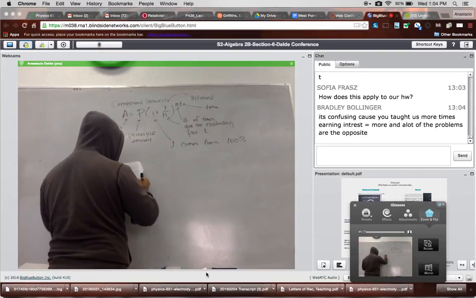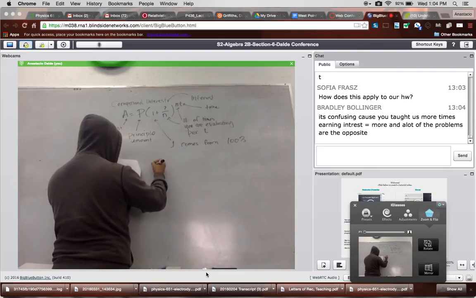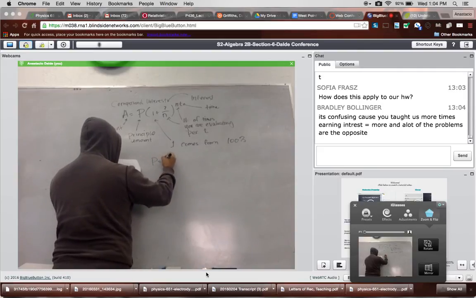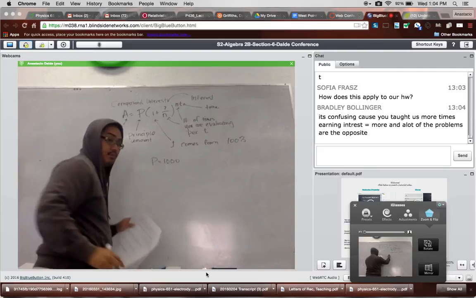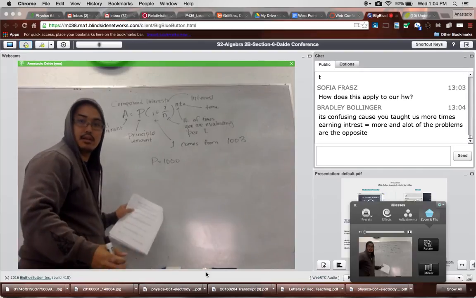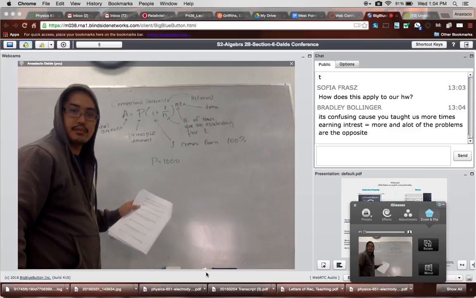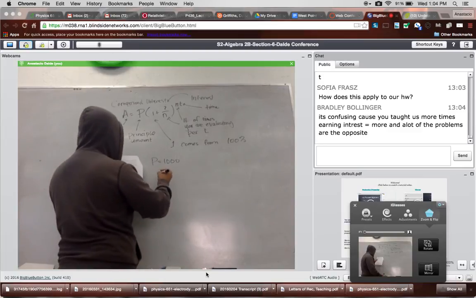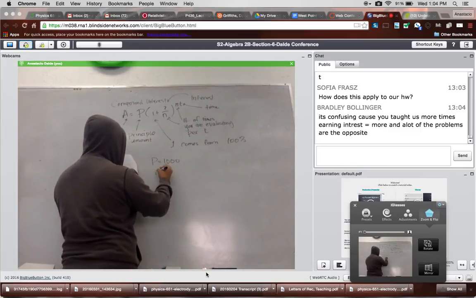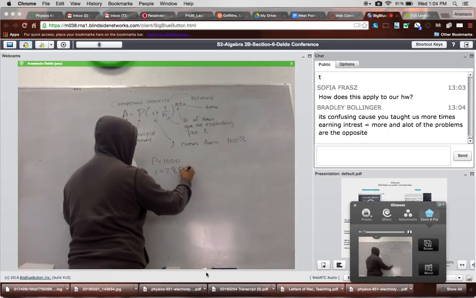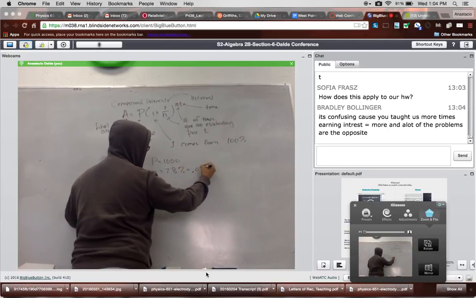Okay, wait, here, we'll do part 2 of this question. How much is $1,000 invested? So your principal is $1,000. Got it? And then your annual interest rate, so I is equal to 7.8%, also known as 0.078.